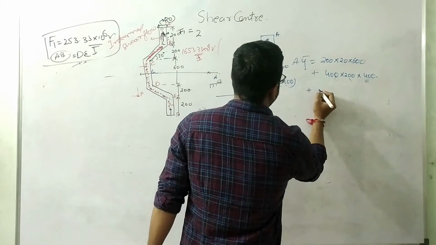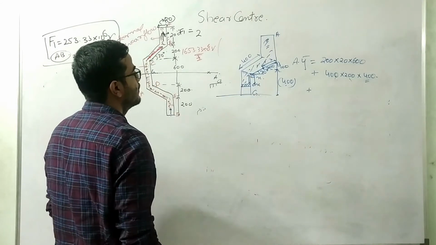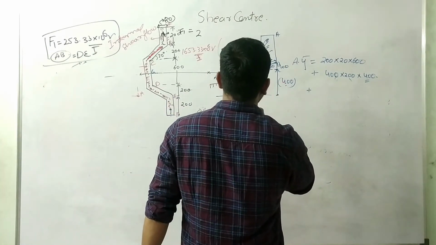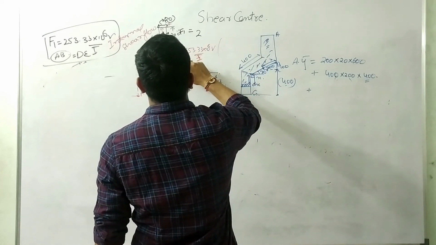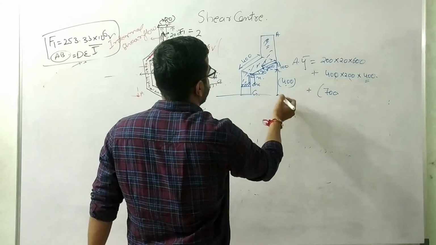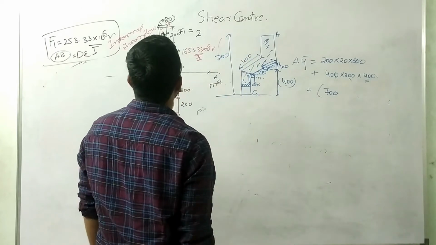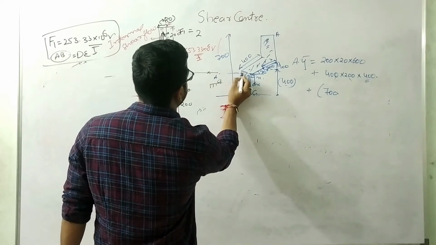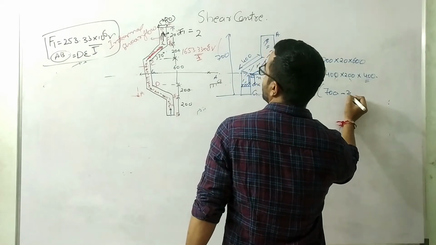And plus for the remaining segment, the total distance from the neutral axis to the top of this AB portion is 700. Then I can minus up to here, it is 700 minus of 200.